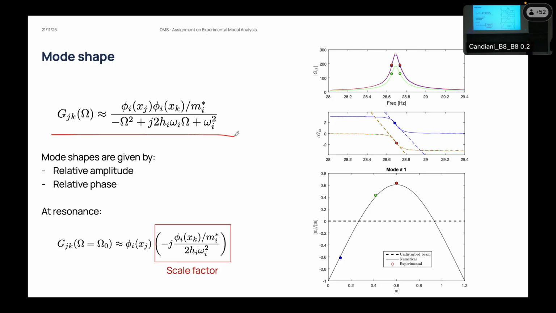Now, it should also be clear why I was mentioning that when you want to estimate the mode shape of the system, usually you cannot rely on just a couple of sensors. Because if you have just one input and one output, what you could get is just one number that is not representative at all of a shape. If you know just this term, or the product of this with this, you cannot reconstruct the shape.